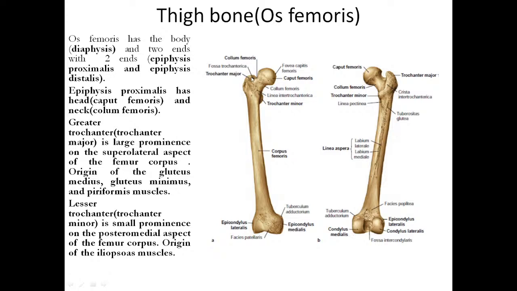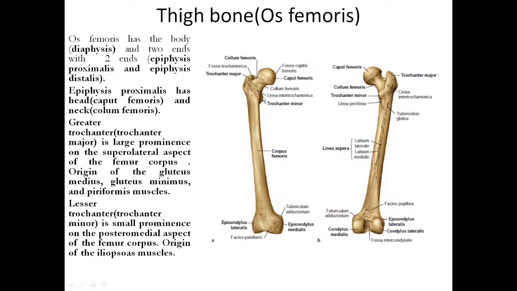Trochanter major is a large prominence on the superolateral aspect of the corpus femoris. Origin of the gluteus medius, gluteus minimus, and piriformis muscles.